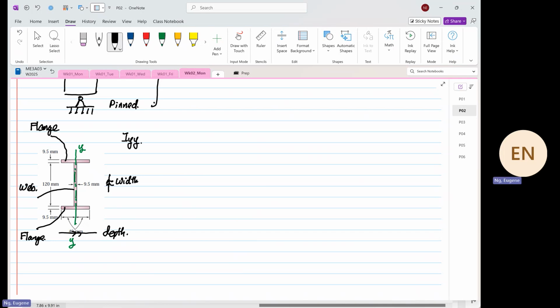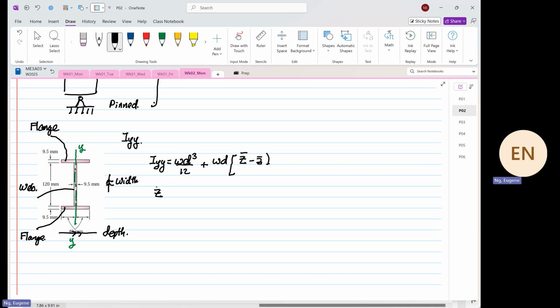So we're going to determine IYY. So IYY will be equal to the width times depth cubed over 12, plus width multiplied by depth, then we're going to have our capital Z bar minus the small z bar. Okay.